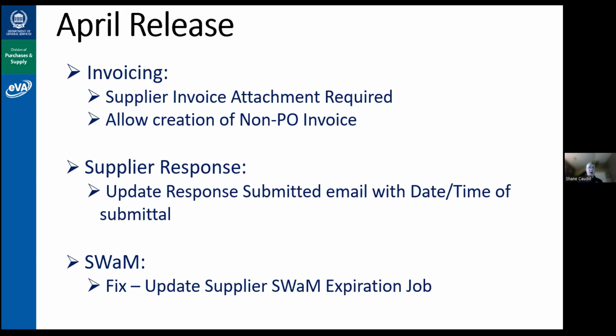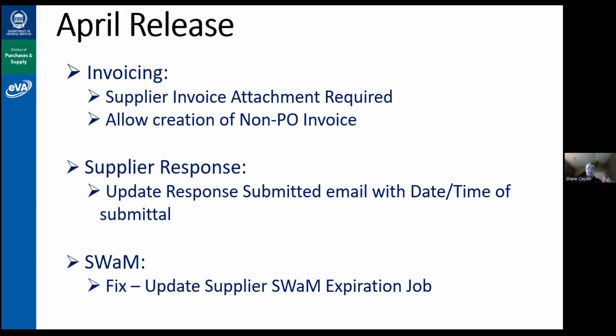And we had one more additional fix for April for our SWAM. The SWAM expiration job: what we do in eVA is we capture SWAM, small, micro, minority, women-owned, whatever that may be, and we have a certification start date and certification end date. There was no impact to that, but when the certification end date hit, we actually remove the certification fully out of eVA.